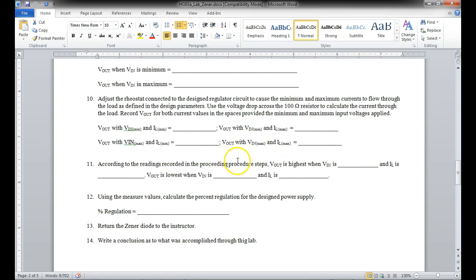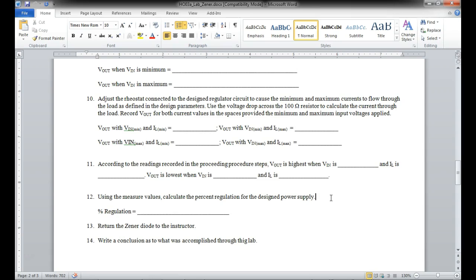According to the readings recorded in the procedure steps, V out is highest when Vin is, and V out is lowest when Vin is, and I is. That makes sense? Yes or no? So you're going to say V out is highest when Vin is something and the load I is. So here it's going to be minimum, maximum, maximum, minimum.